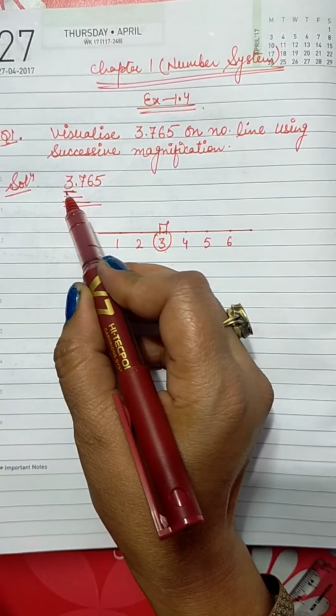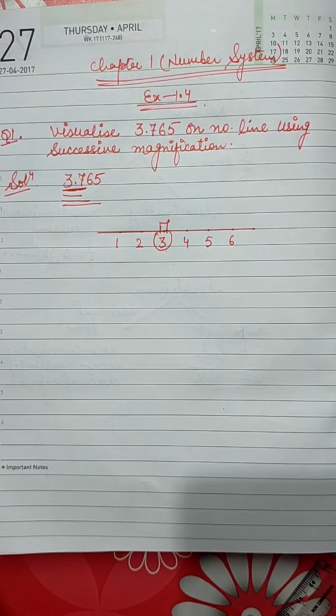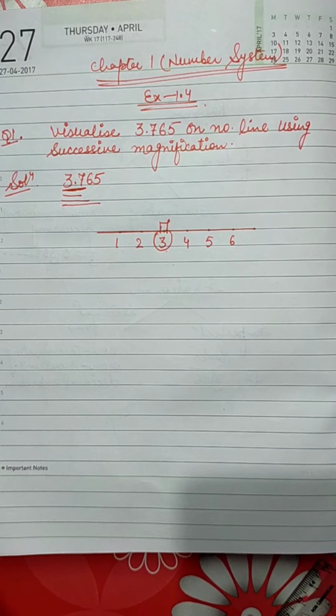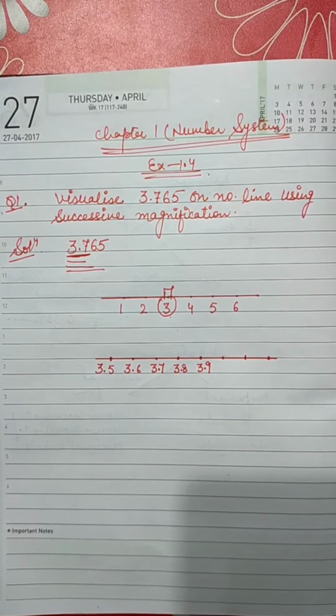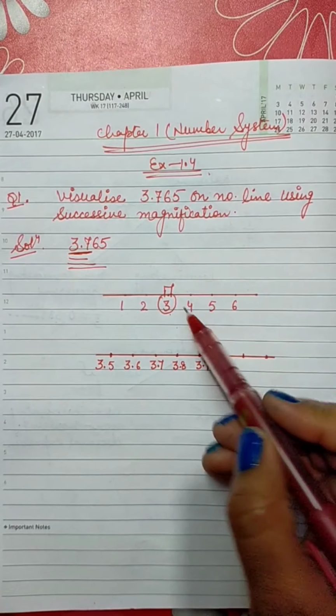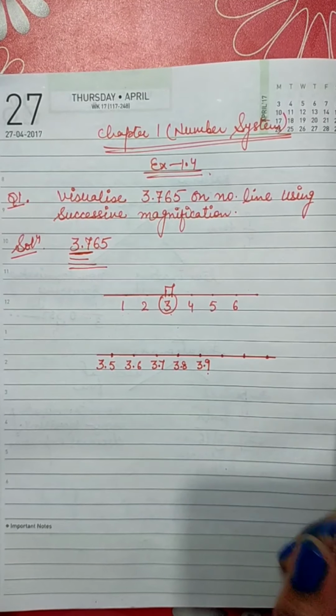Next we need 3.7. Now 3.7 lies between 3.6 and 3.8. That means in the next number line we must have 3.6 and 3.8. So we will be taking the number line accordingly. So next, when we zoom 3 to 4, we will be getting some of the points which I have written after magnification.